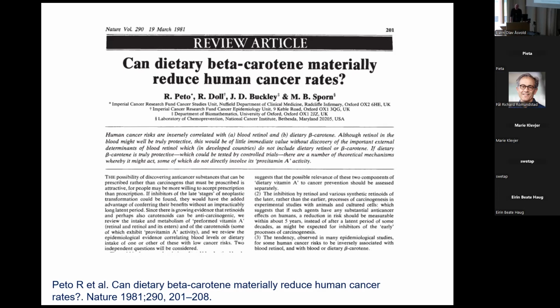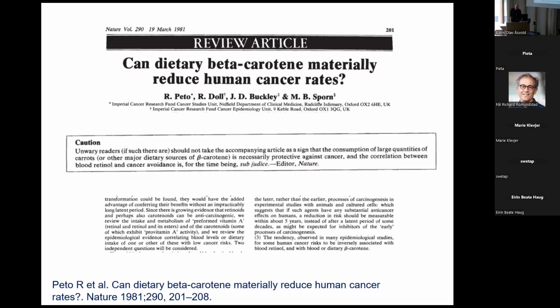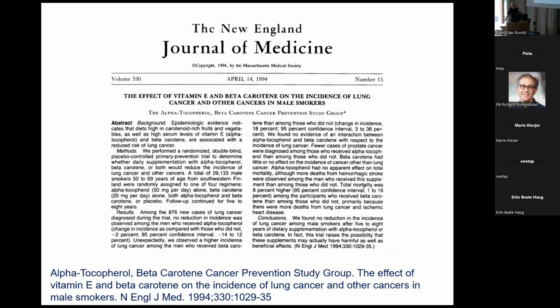This is the only time in a Nature paper I've seen an editorial note added that cautioned unwary readers, if such there are, that they should not take the accompanying article as a sign that the consumption of large quantities of carrots or other major dietary sources of beta carotene is necessarily protective. So it's the only health warning I've ever seen in a Nature paper. And as discussed on Friday, of course, the trials that did come forward were very disappointing.